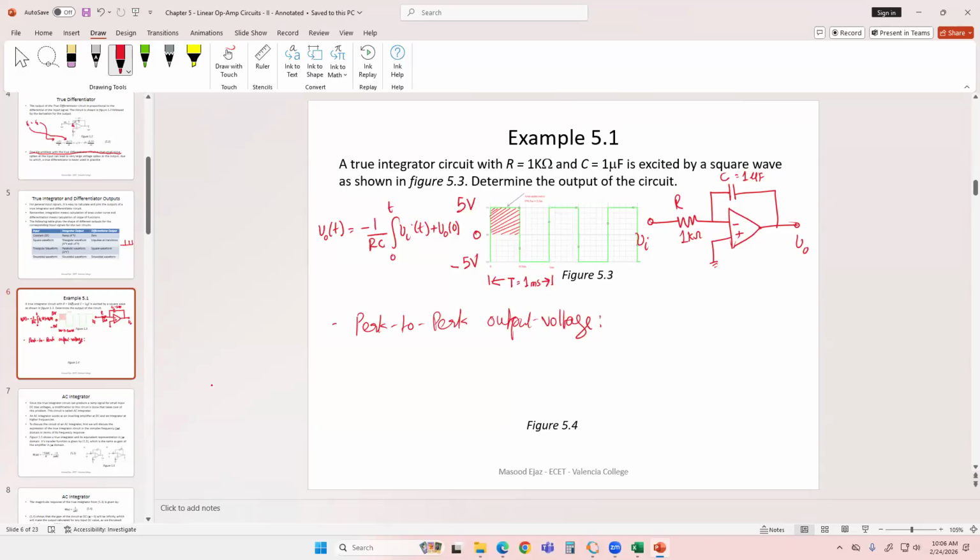You can use one of the areas, either positive area or negative area. And the peak to peak output voltage, of course, the gain is 1 over RC. Positive or negative area. Don't use the negative sign, but just the area. That's going to be the peak to peak output voltage. The gain of the amplifier is 1 over RC, and you calculate the positive or negative area, whichever, because the area is the same.